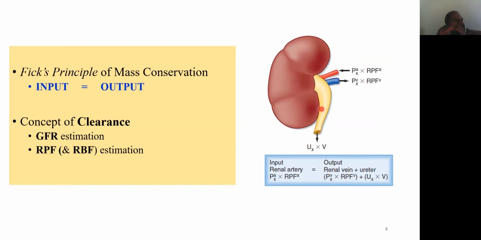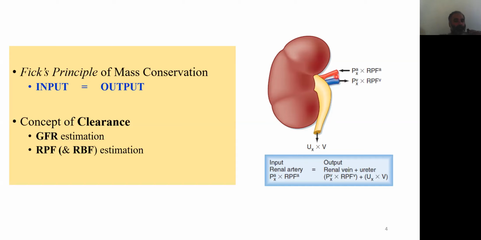And while most of it is reabsorbed back, and hence reflects in the amount of fluid that is coming out in the renal vein, a small fraction of it normally becomes urine. So for the output part of this principle, when it applies to the kidney, you have to take into account both the renal vein and urine formation. This is just a modification when you apply this principle on the kidney.